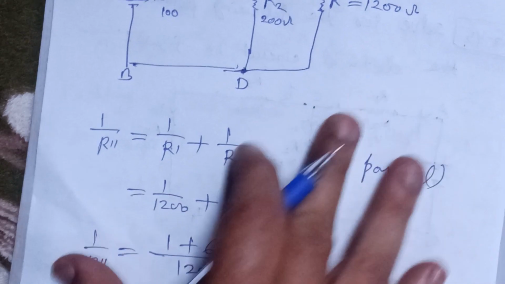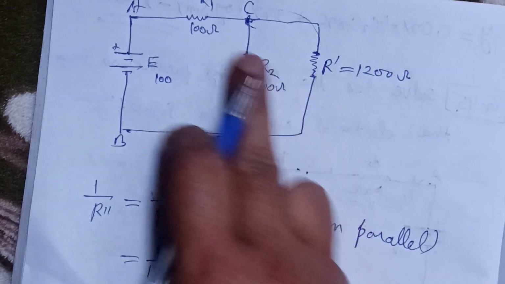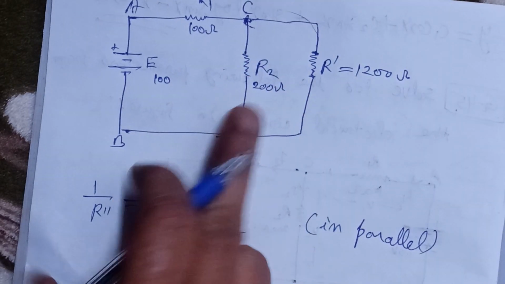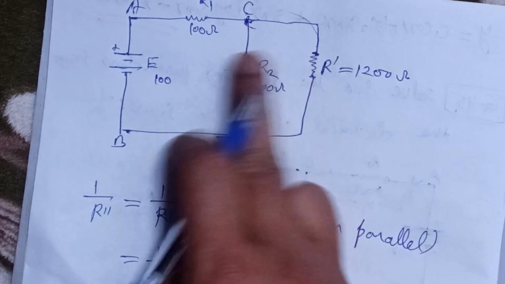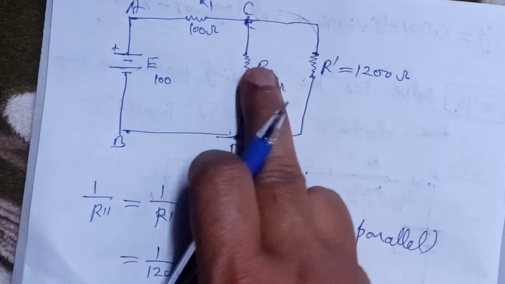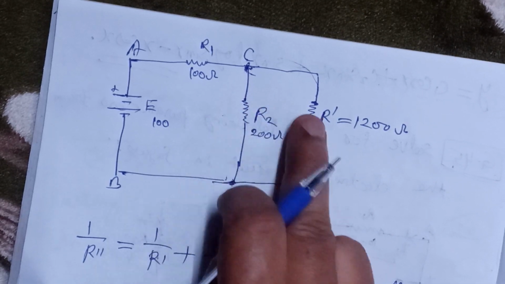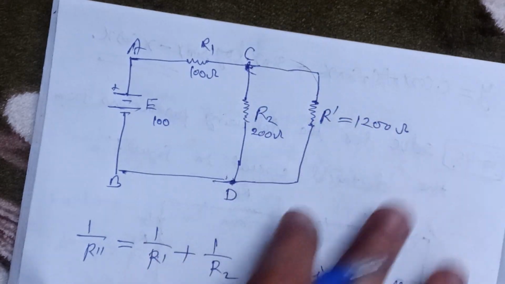And I construct this circuit by adding these two equivalent resistances. We can put an equivalent resistance R double dash in place of these two combined.